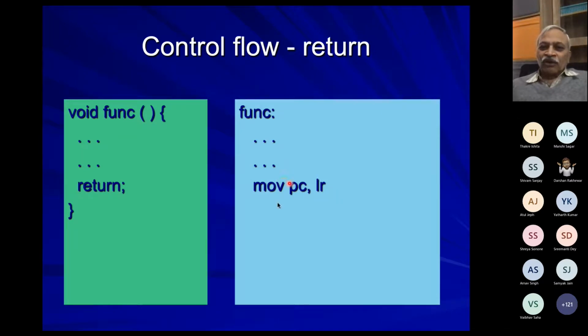This is not a different move instruction. You can say move R1 comma R2, or you can move from any register to any register. So the same instruction is good enough to transfer contents of LR to PC.